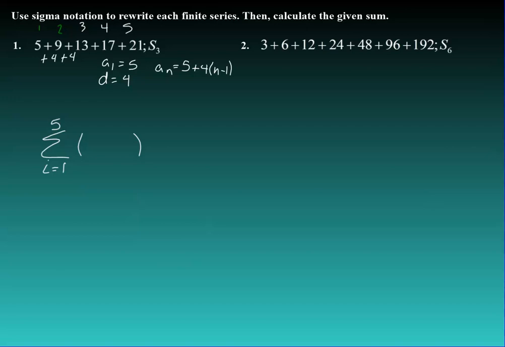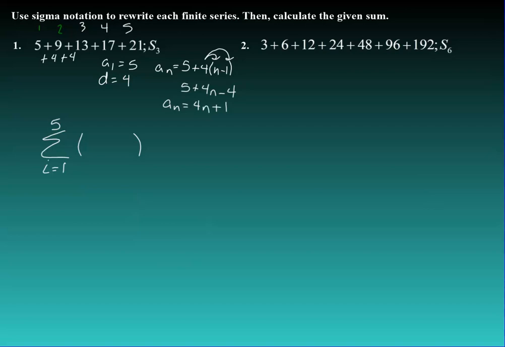Now I can use this, or I can simplify this. Distribute the 4, so we get 5 plus 4n minus 4, and so a sub n is equal to 4n plus 1, because 5 minus 4 is 1.